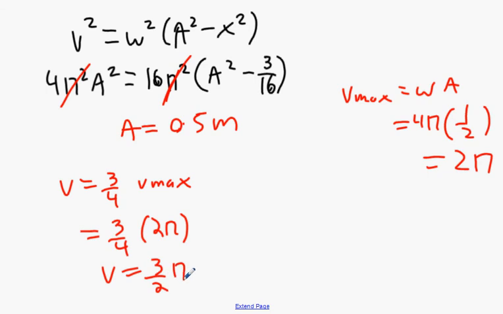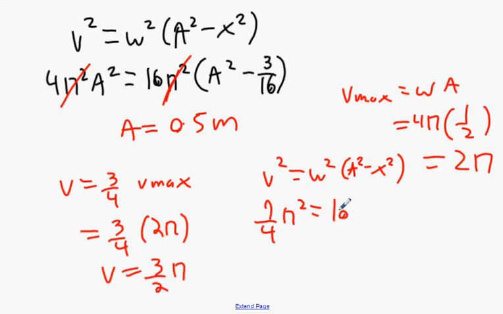I then insert it into this formula here. v squared equals omega squared (A squared minus x squared). I square my v value to get 9 over 4 pi squared. Omega is 4 pi, so that's 16 pi squared. A squared is a half squared, which is a quarter. x squared is what I'm looking for.